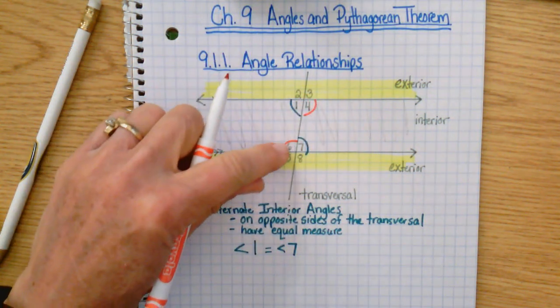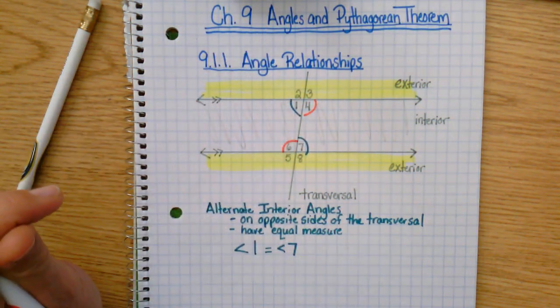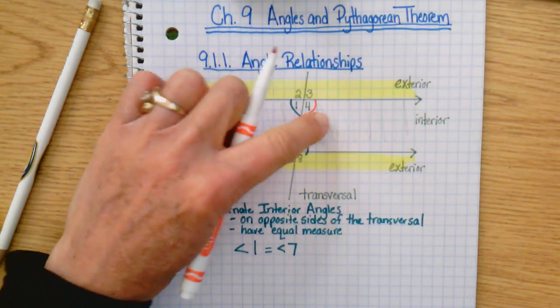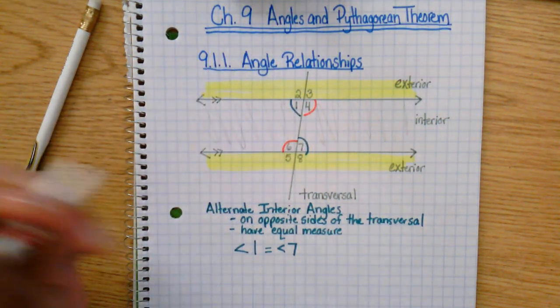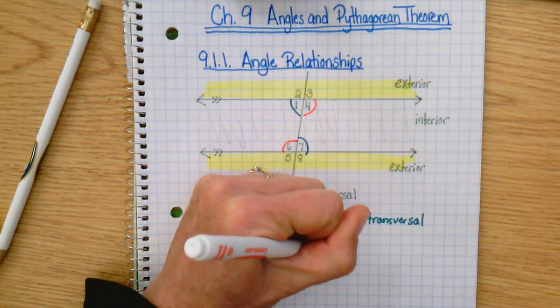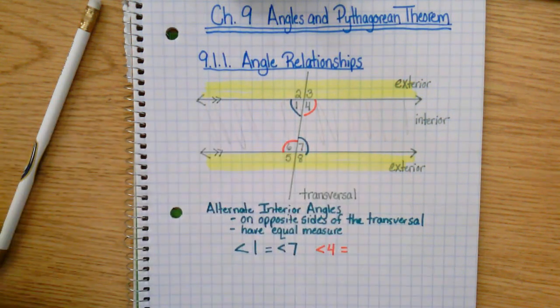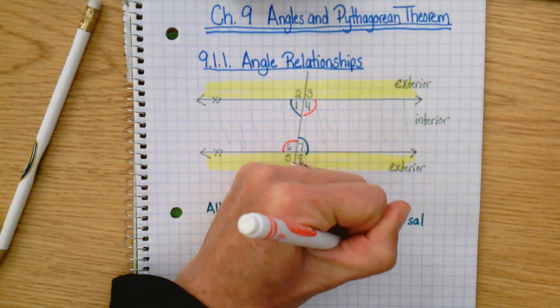They're both on the inside or interior part of our diagram and on opposite sides of the transversal. So angle 4 would have equal measure to angle 6.